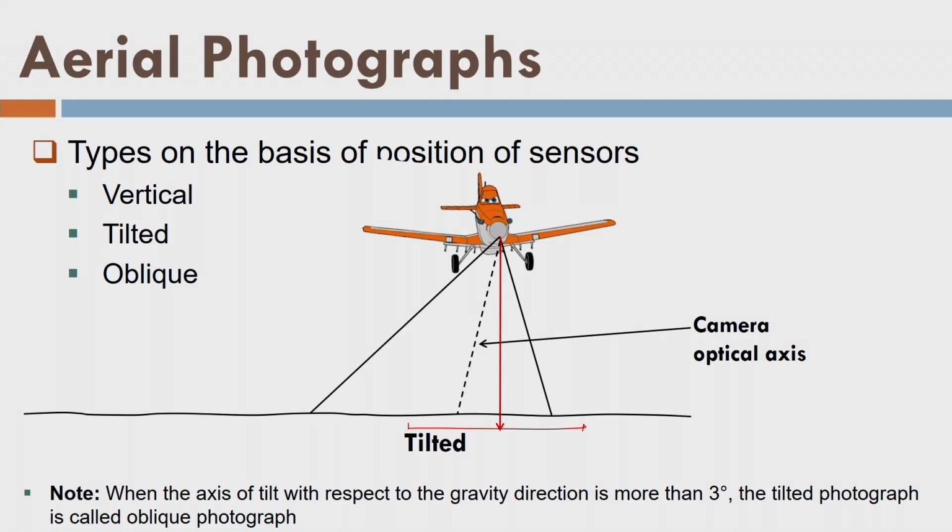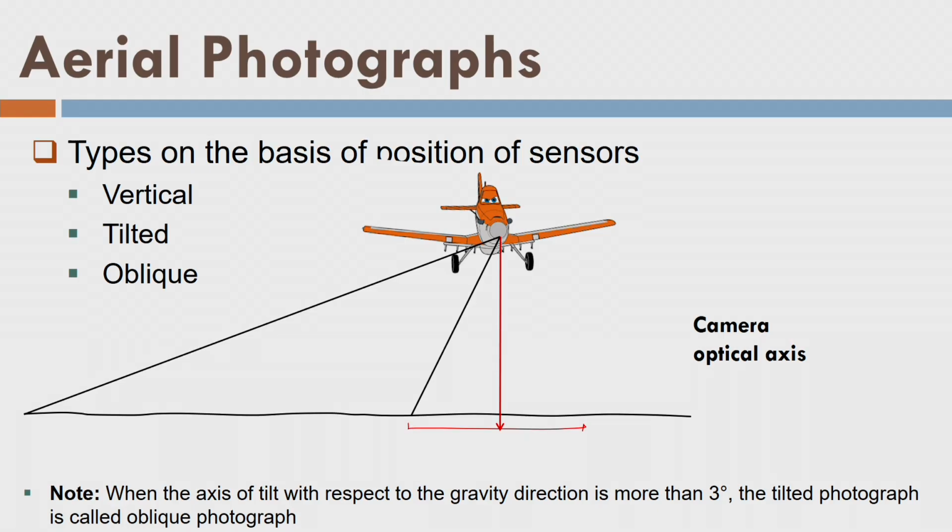Further, if I tilt the axis quite obliquely, like this, deliberately, then this is my optical axis, and the photograph acquired by this kind of system is called an oblique photograph. You will be surprised to see here that there is a limit.